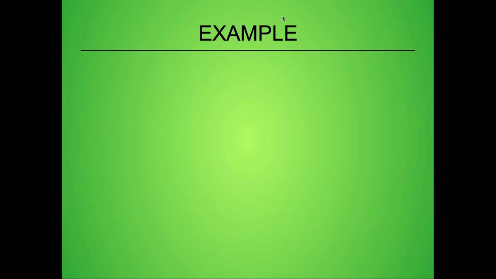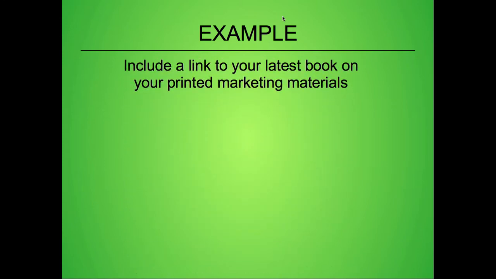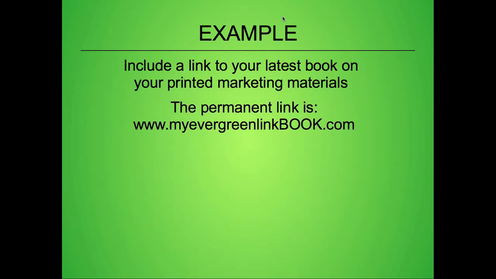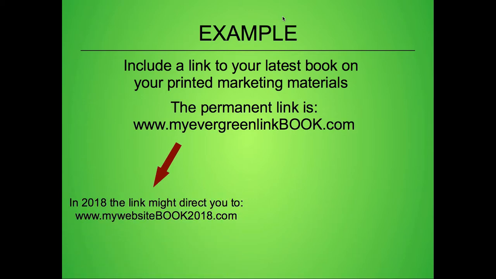So a brief example, if you include a link to your latest book on your printed marketing materials, the permanent link could be www.myevergreenlinkbook.com, and then for 2018 release, you'd have www.mywebsitebook2018.com as the destination URL.